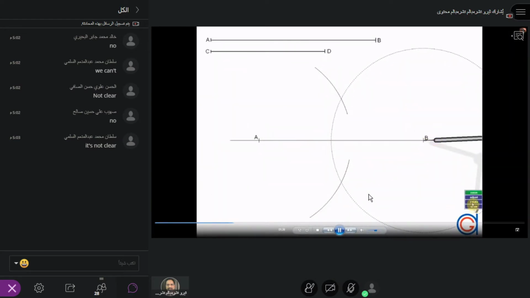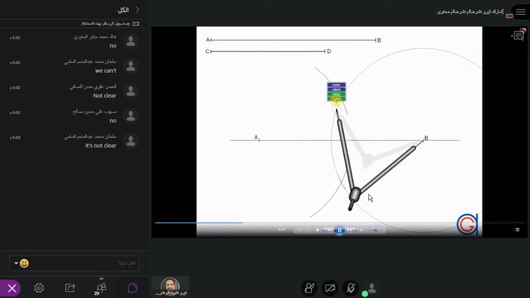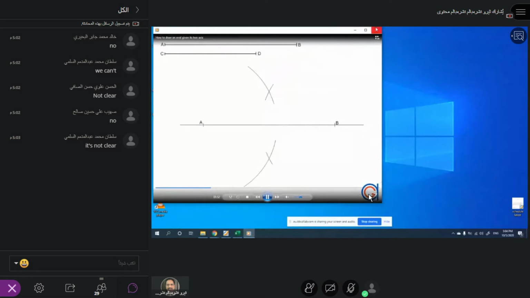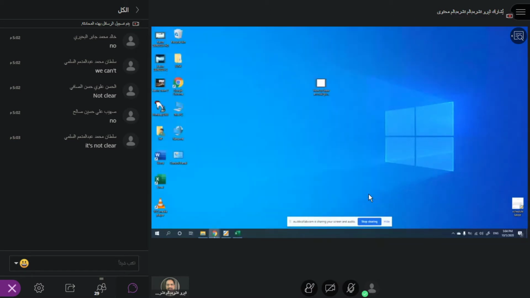How does it work? Because initially he tried to bisect the line. You know how to bisect these lines, right? So I don't know. Maybe let's go to the YouTube site whether we have it or not. I don't know whether any other websites are available.